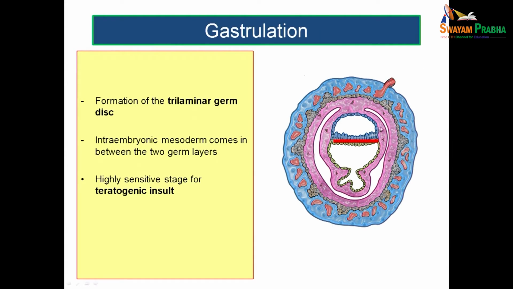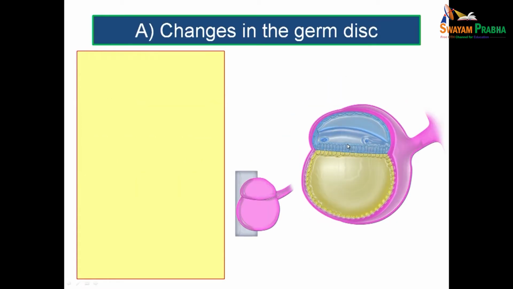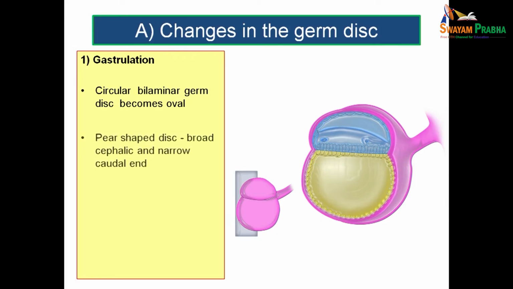So, this is the intraembryonic mesoderm formed between the ectoderm and endoderm. First let us see the changes happening to the germ disc. We have already discussed the process of gastrulation. By the end of second week, we have a bilaminar germ disc. By the process of gastrulation, this bilaminar germ disc becomes an oval disc, and is now called the trilaminar germ disc by the formation of intraembryonic mesoderm.